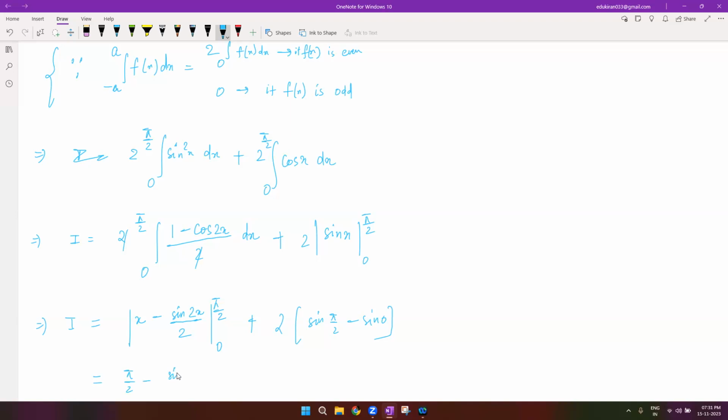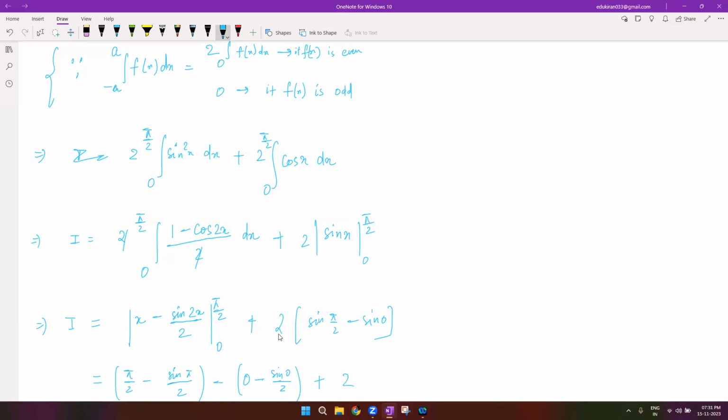Minus sine of 2 into pi by 2 is sine pi divided by 2. This is the upper limit. If x is pi by 2, then 2x is pi. So that is why sine pi. Minus lower limit 0 minus sine 0 by 2. Plus this is 2 into 1, 2.